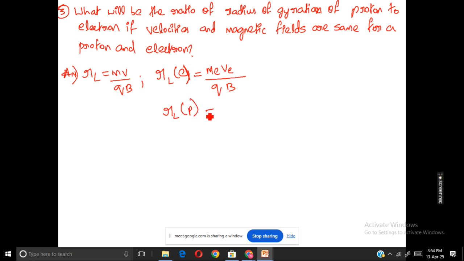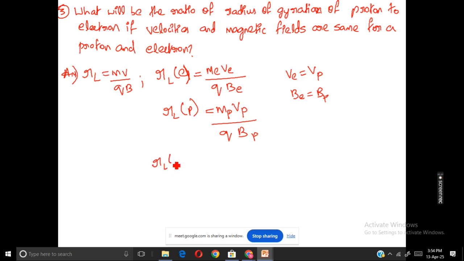And in case of proton, it will be mass of proton into velocity of proton by q into B. Okay, so in the question it is given that velocities and magnetic fields are same, which means ve is equal to vp, and the magnetic field associated with both the proton and electron are also same. The velocities are also same.